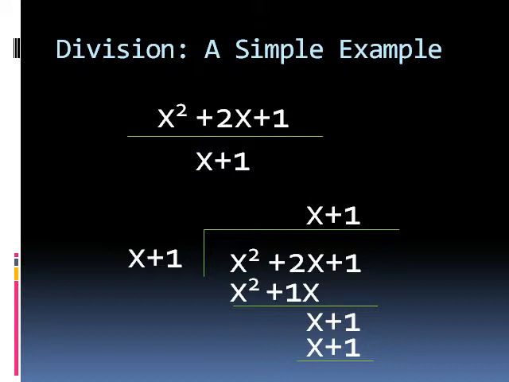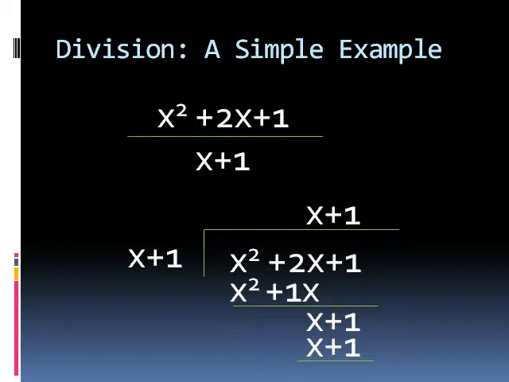So if we do a normal division here, let's start with the left hand side, x squared plus 2x. To obtain x squared, you have to multiply x plus 1 by x. So we put the x on the top, and multiply x plus 1 by x. Right now you would have x squared plus 1x.